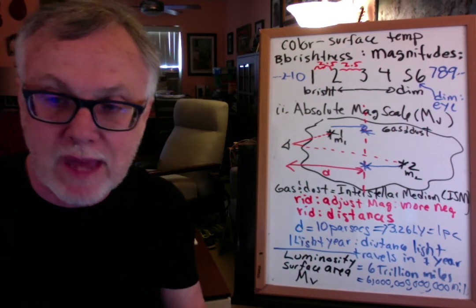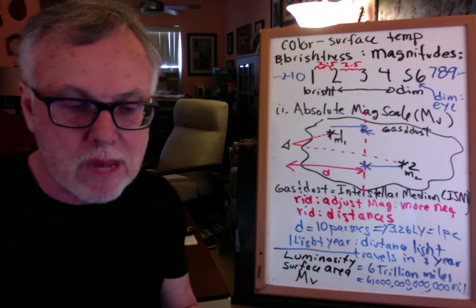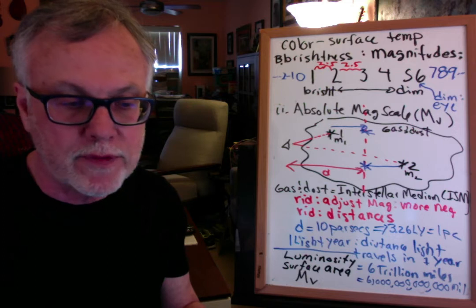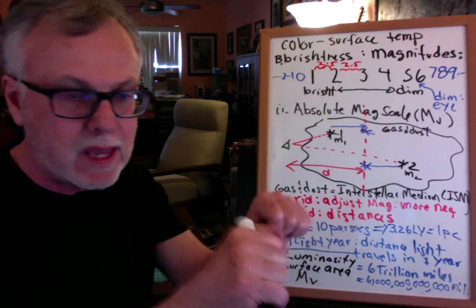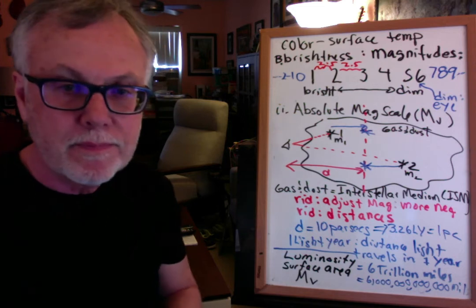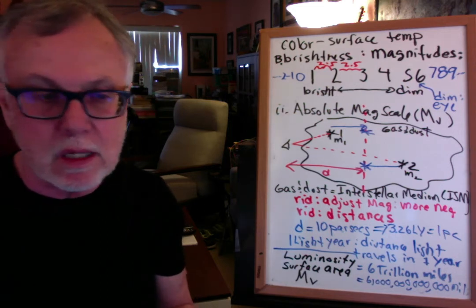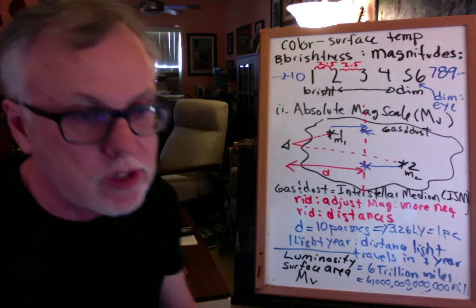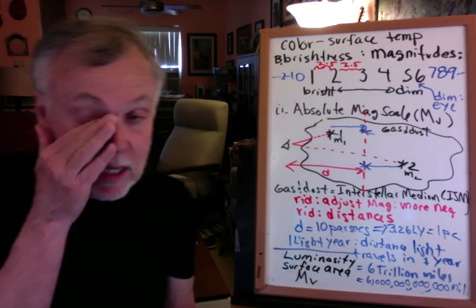Because we got rid of gas and dust by adjusting magnitudes, we got rid of star distances by making them the same distance, d of 10 parsecs, by adjusting brightnesses again. And those are the only things that now differ from star to star. So that's kind of neat.